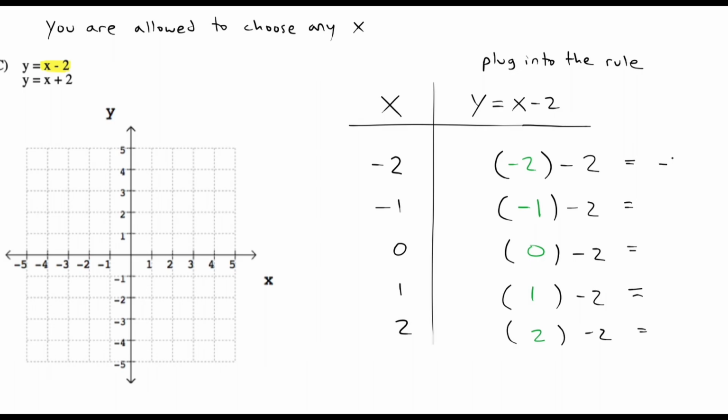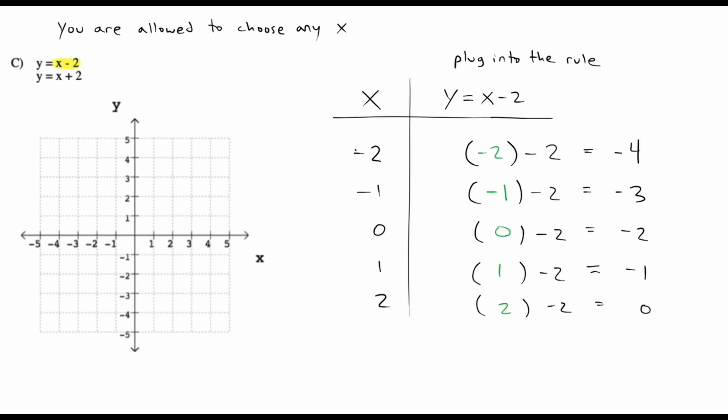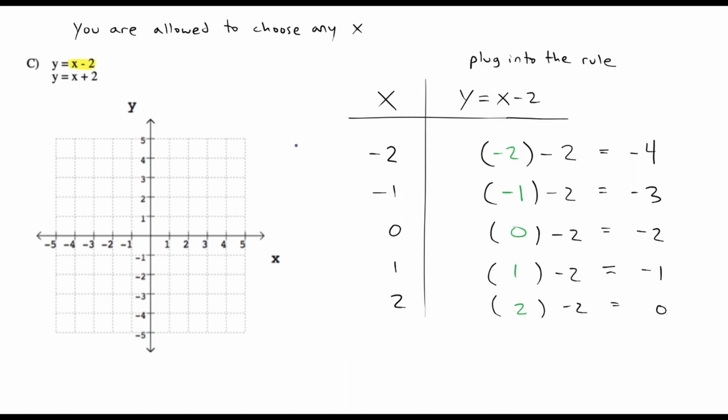So we get -4. As a result, -3, -2, -1, and 0. We're then, in this method, supposed to take the -2 and pair it together with its output of -4, and they would make a coordinate pair which could now be plotted.